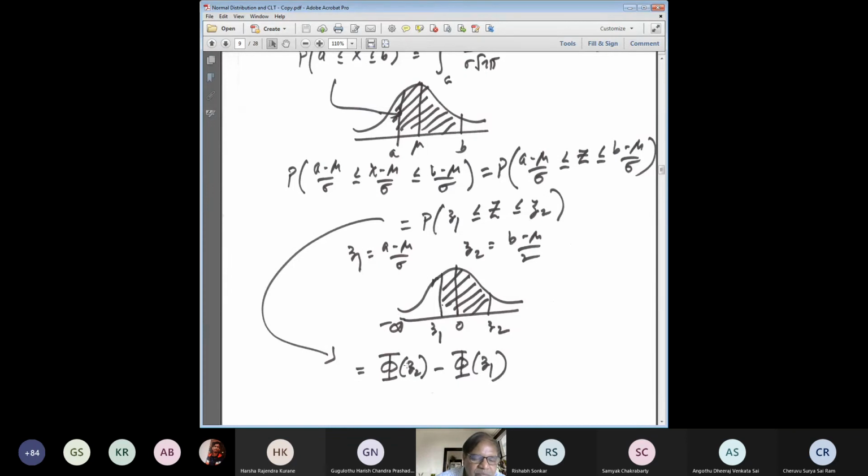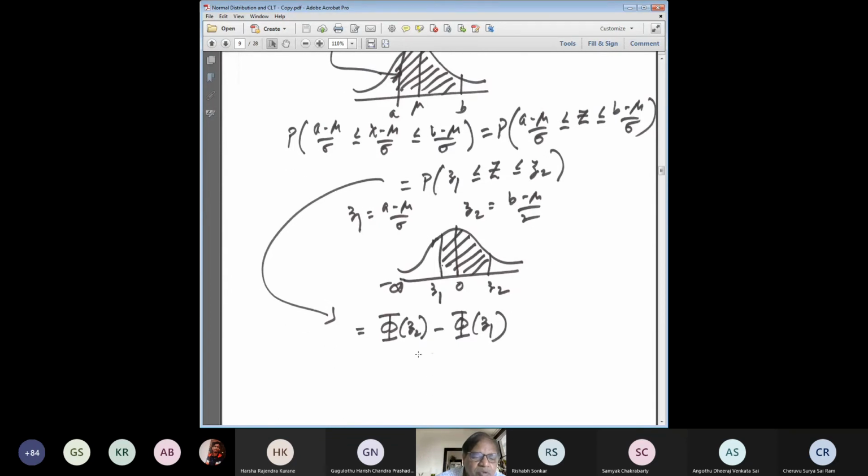So before using the table, you should see what the representation is. This is basically phi of Z2 minus phi of Z1. So phi of Z2 means probability Z less than Z2. And from Z less than Z2, you subtract the area from minus infinity to Z1.